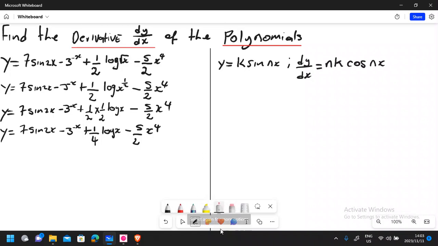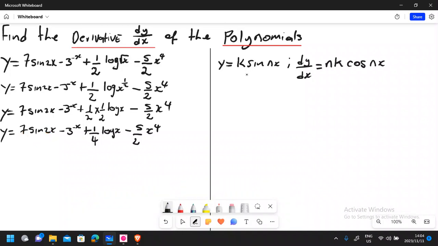As you can see, this formula here, we have to substitute when we find our dy over dx. But another thing you need to know: what are our n and k when we look at our formula this side? So n is going to be 2 and k is going to be 7.